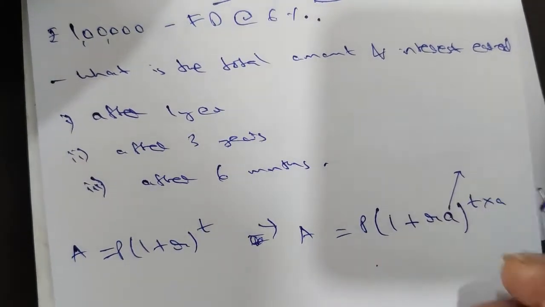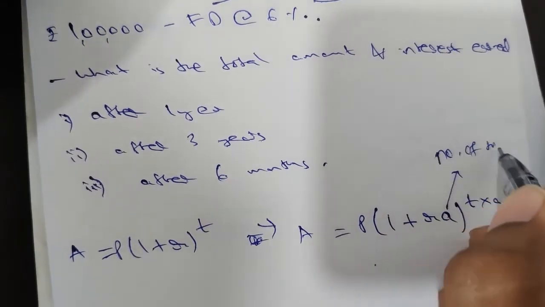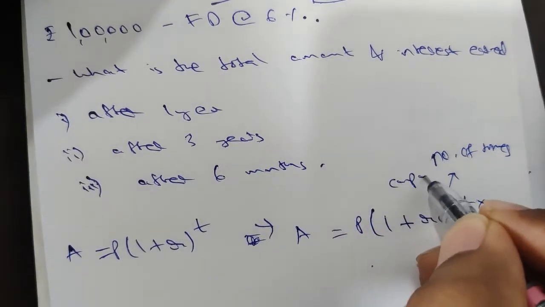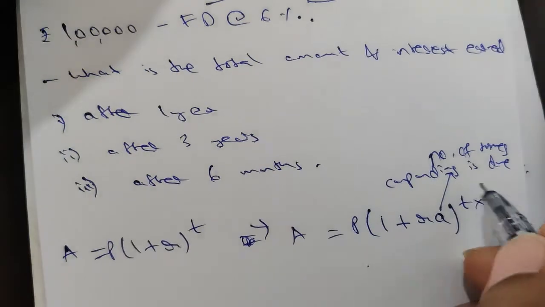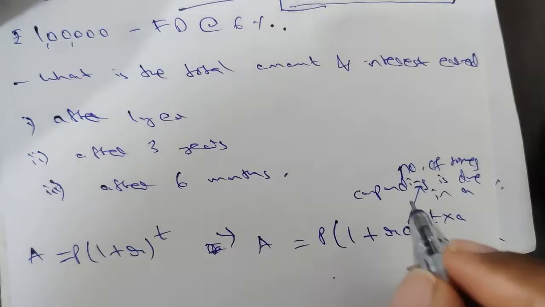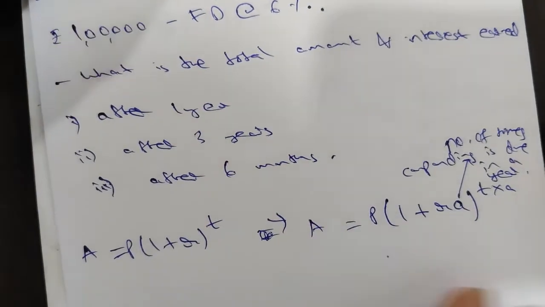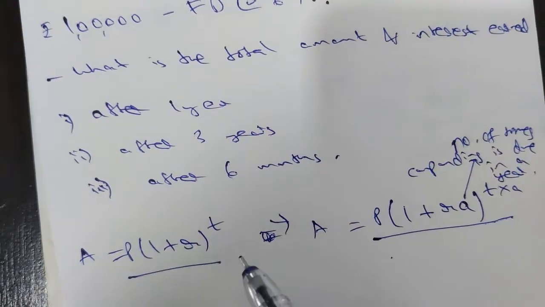What does this n signify? The number of times compounding is done in a year. So we need not remember this complicated formula. We can just go with this formula itself.